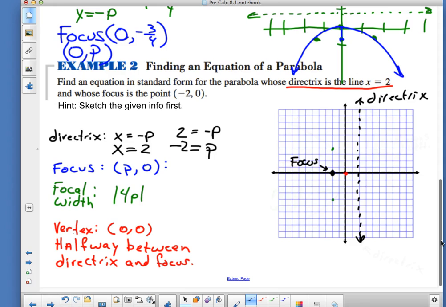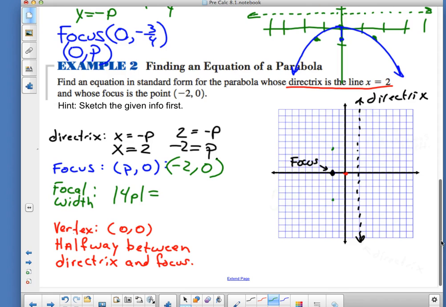Now, I already have P, so my focal width is my next thing. Oh, I haven't filled in my focus, -2, 0. We got to do that. I already answered that and I haven't filled it in. But my focal width now, since I already know P, is the absolute value of 4P.